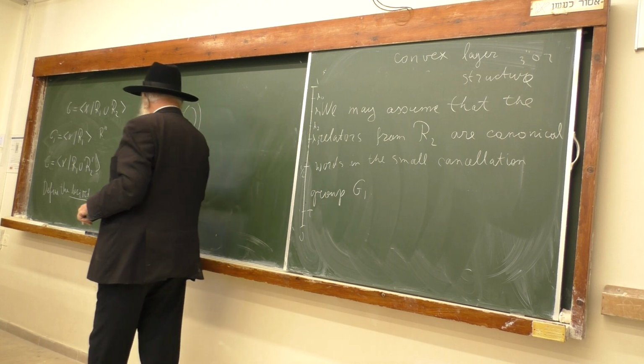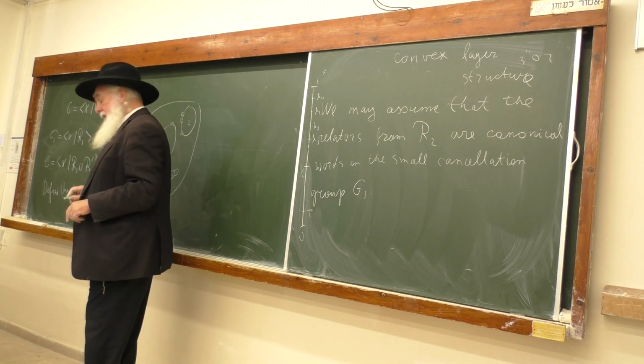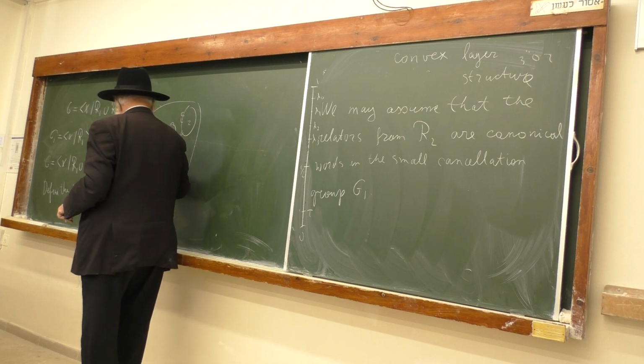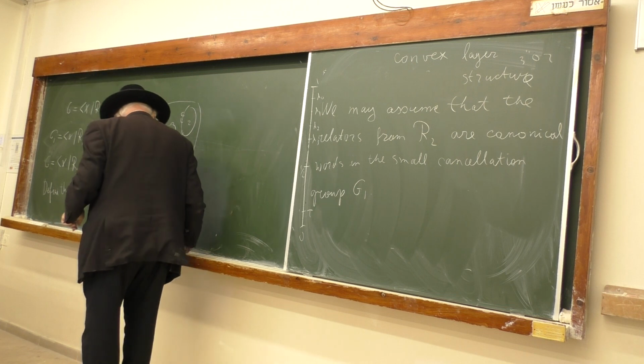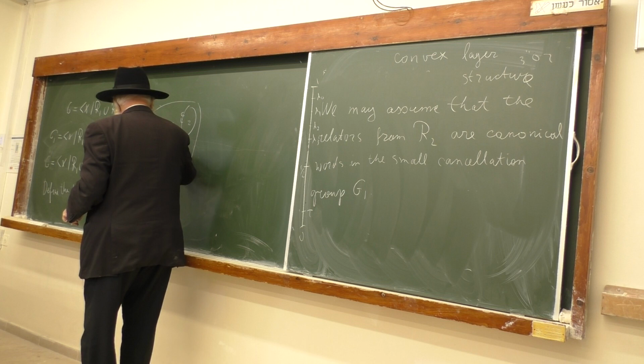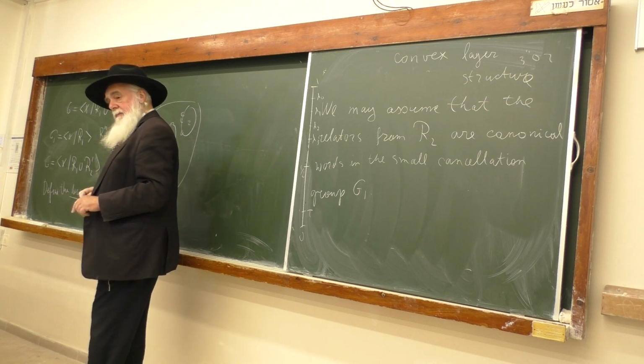For example, this will be on distance 1. This will be on distance 2. This will be on distance 3 of this region. On the other hand, this will be on distance 1 from this region, on distance 2 from this region, and on distance 3 from this region.